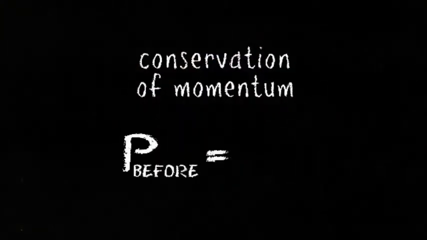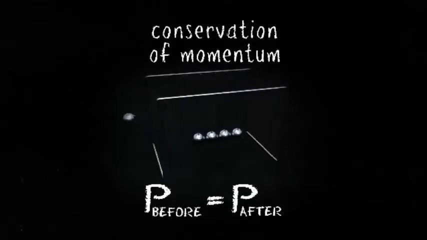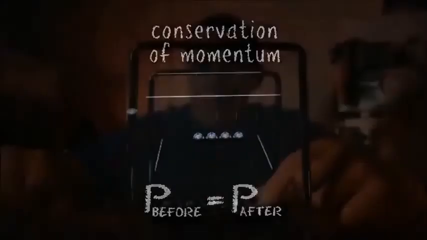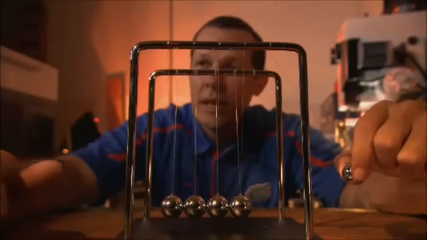The law of conservation of momentum says that the momentum before the collision is equal to the momentum after the collision. This law, represented by the formula P before equals P after, can be illustrated with a simple toy called a Newton's cradle. In this case, we have displaced an initial sphere, and when we let it go, it has some momentum.